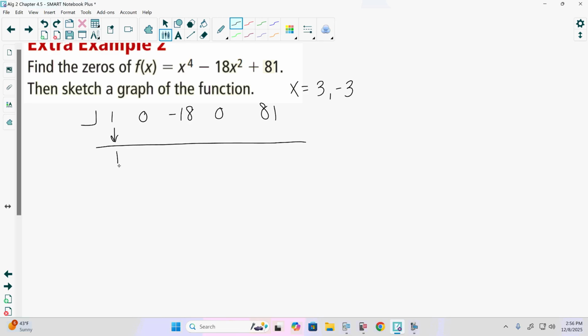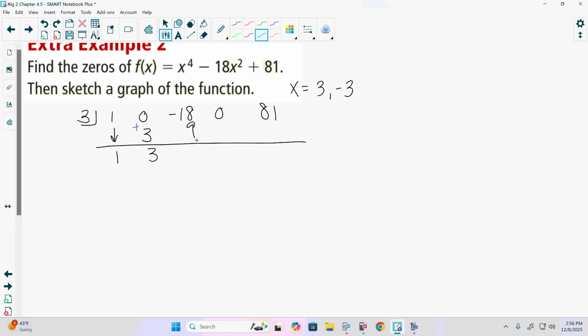Now, do we want to use 3 or negative 3 first? Doesn't really matter. 3. Now we're going to do our synthetic division process. And we want the remainder to be 0. 3 times 1 is 3. 0 plus 3 is 3. 3 times 3 is 9.